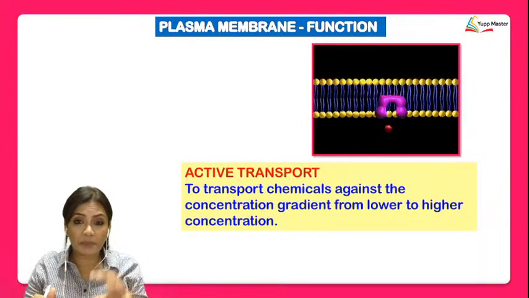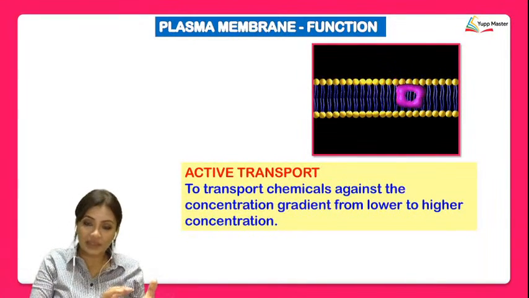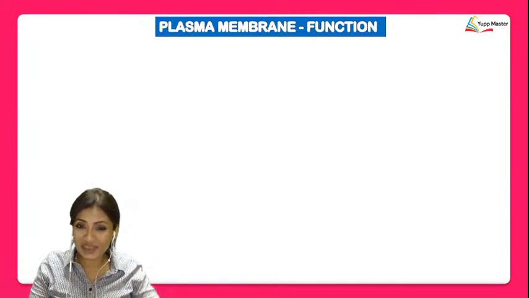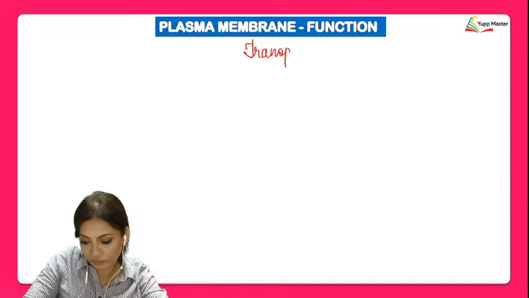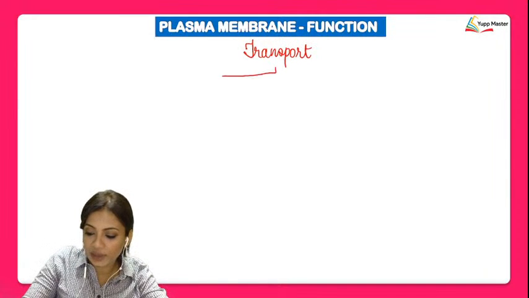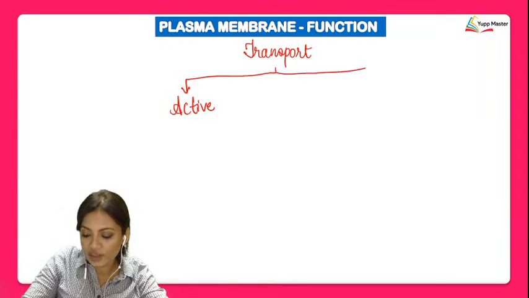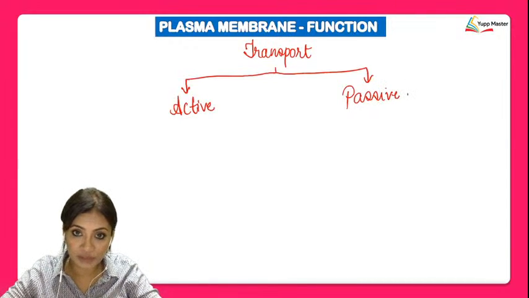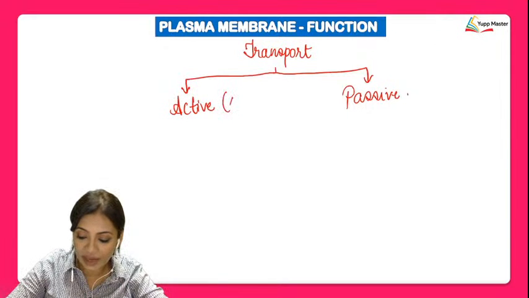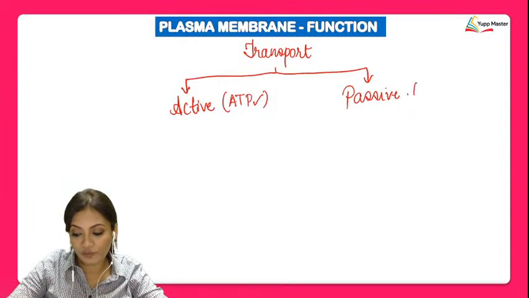Now, there is a basic difference between active transport and passive transport. What is that all about? So, when we say transport, transport can be either an active process or a passive process. Now active and passive, what's the basic difference between them? Active means that ATP is going to be utilized and passive means that ATP is not required.